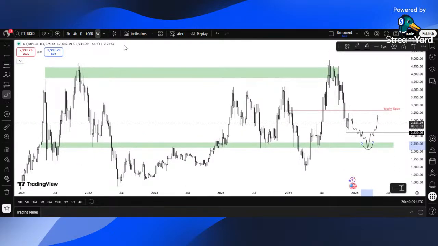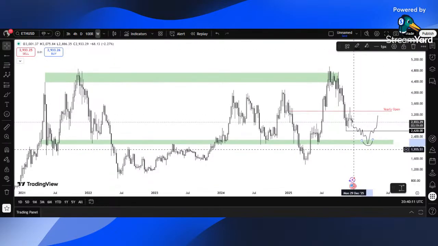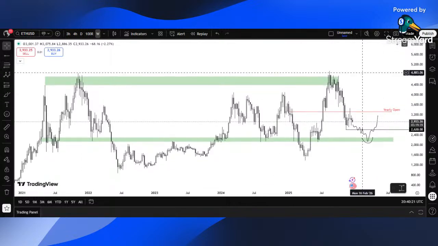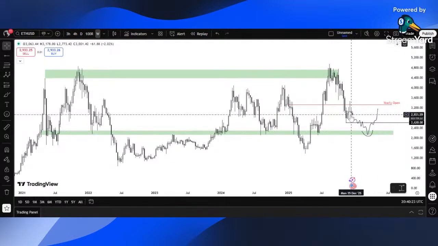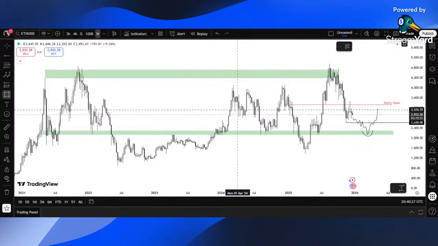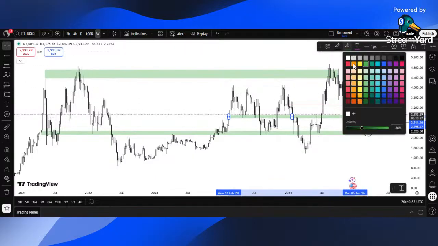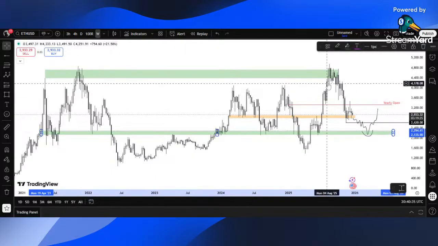Save this chart, around 23 all the way up to 21. This is going to be my loading zone. Just buy Ethereum into this specific area. I'm not buying Ethereum here. Maybe there is a tiny bit of support on the daily time frame here, but personally, this is the support which we can consider for Ethereum.